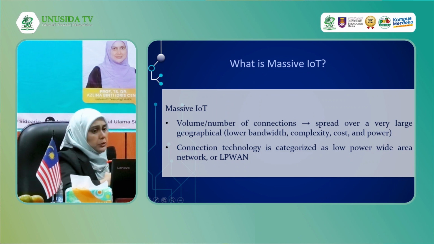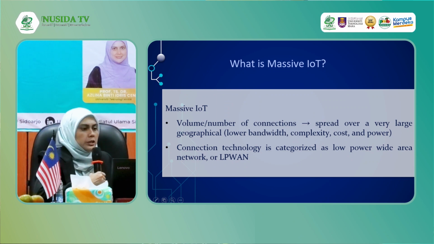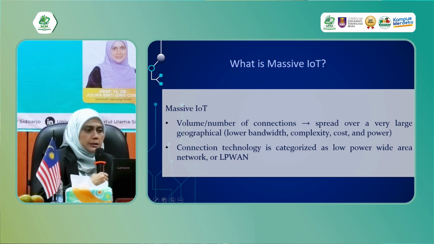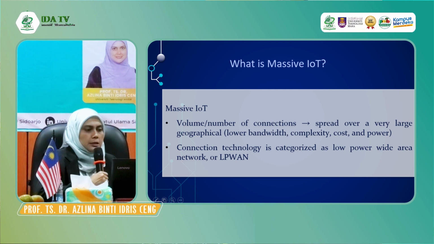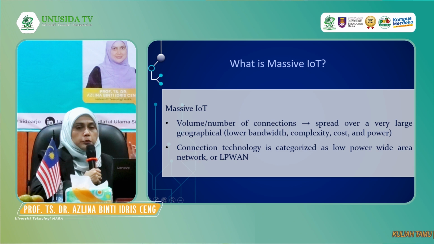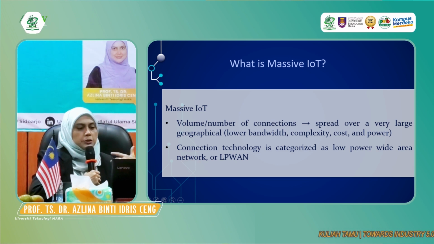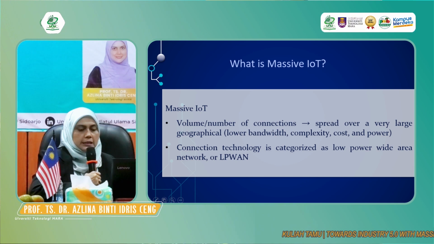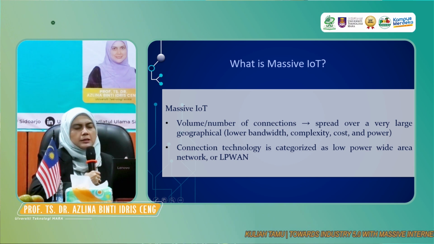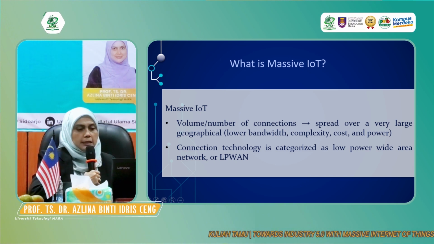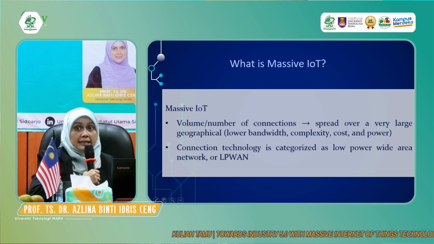Okay, so massive IoT is a volume or number of connections spread over a very large geographical area. So by using massive IoT, automatically it can produce a lower bandwidth, can reduce the complexity, can reduce the cost, and can reduce the power.